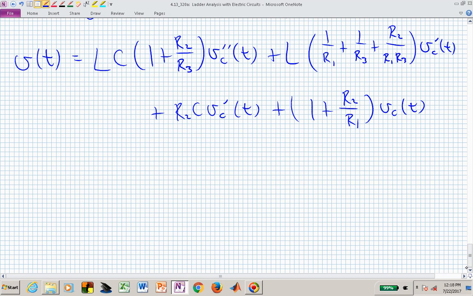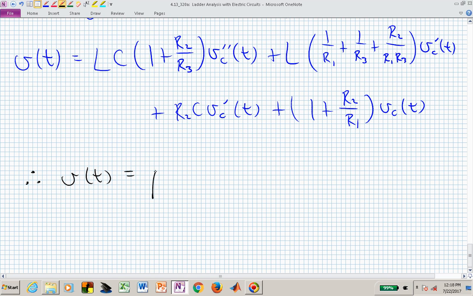And I hope that you can then see that we now have our second order differential equation relating our voltage supply V of t to a linear combination of V sub C, V sub C prime, and V sub C double prime.